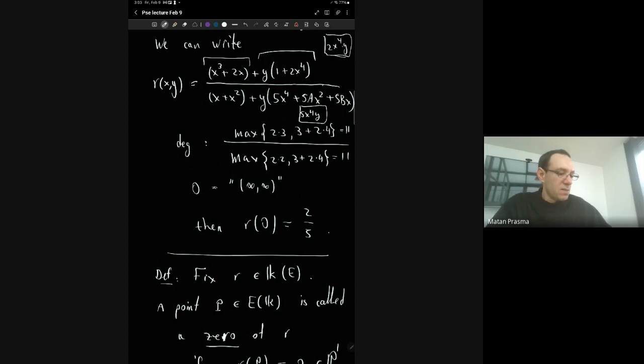Because I needed to know, if the degree of the numerator is bigger than the degree of the denominator, then I want to say that R of O is infinity, because the top tends to infinity faster than the bottom.